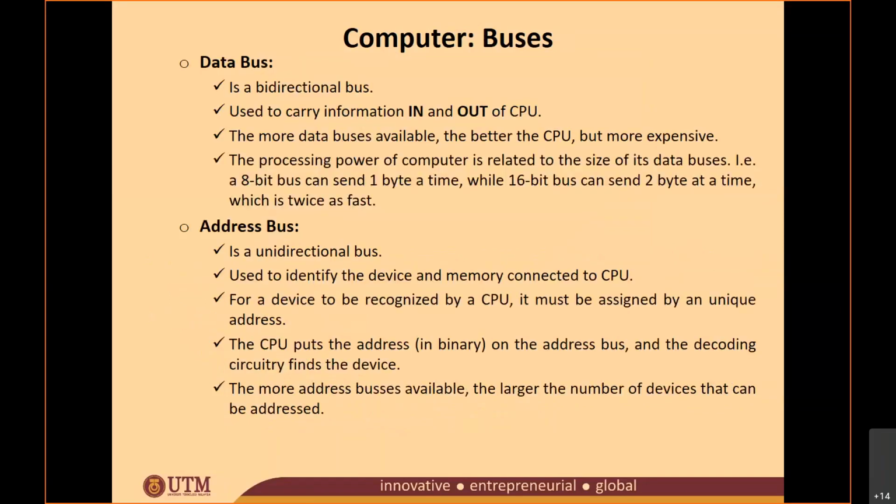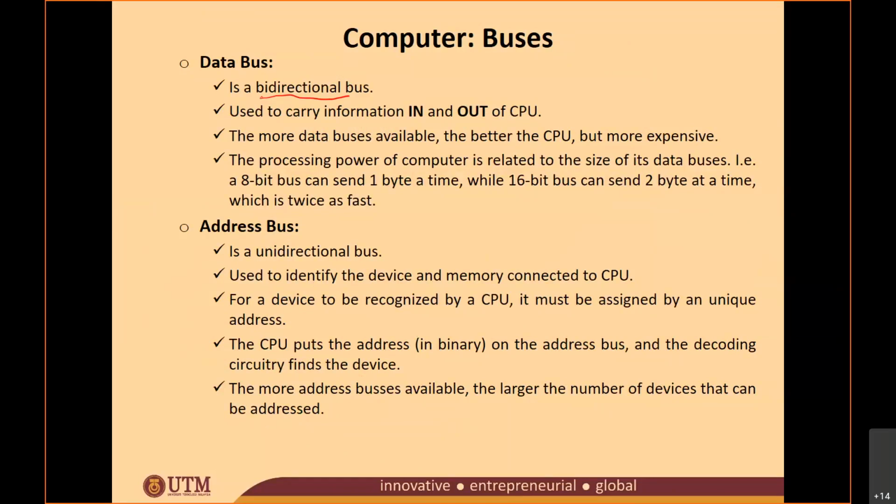Then we have the data bus. This data bus is also a bi-directional bus, which means it is a two-way communication. Either you want to send data in to your CPU or send data out from your CPU. This data bus is used to carry information in and out of the CPU.